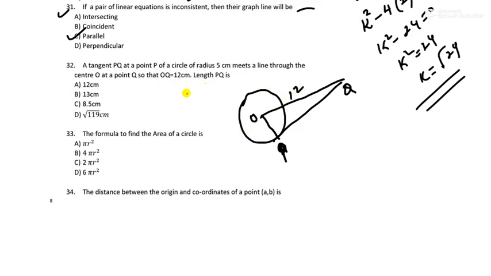This is 12 and this radius is how much? 5. OP is 5. Find the length of PQ. So this one you have to find.